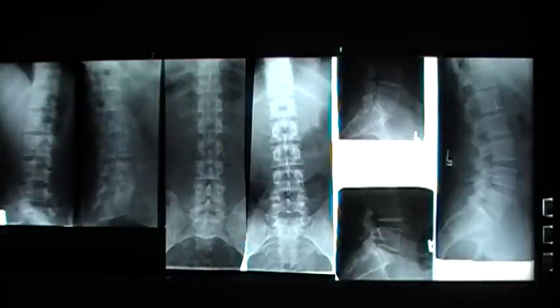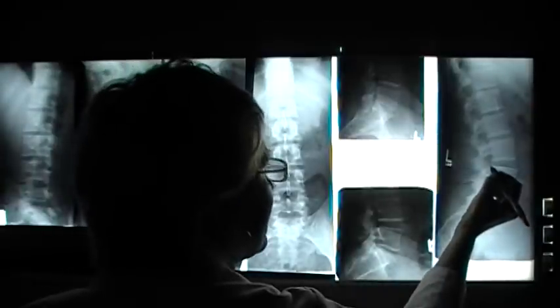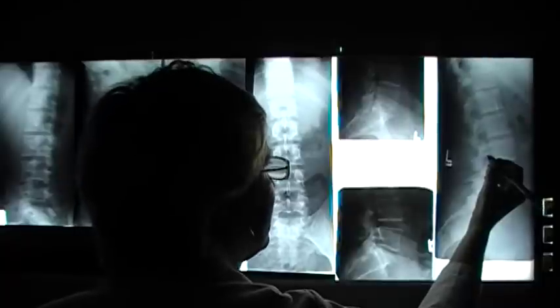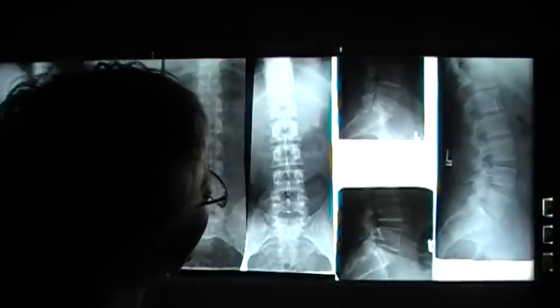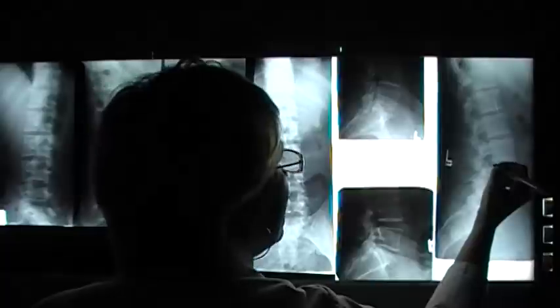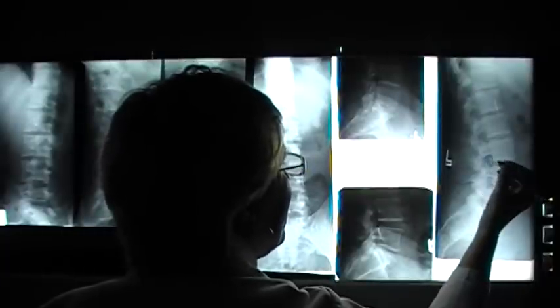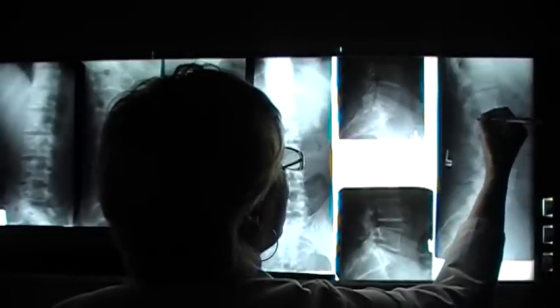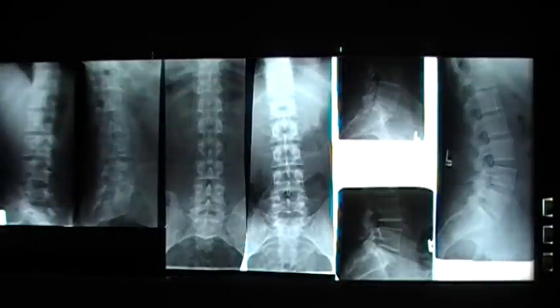You can see this is our superior articulating surface, and it's going to meet our inferior articulating surface there. But this area here, that's our intervertebral foramen. So you'll see those open the best on this lateral lumbar.